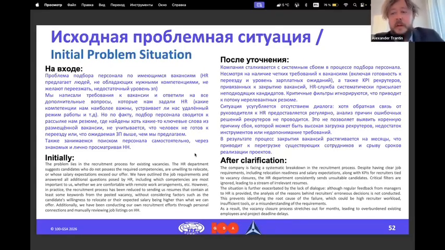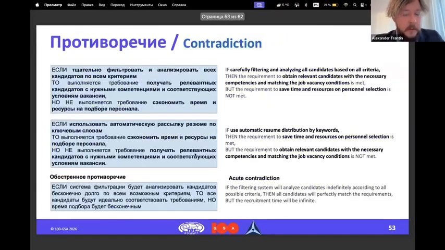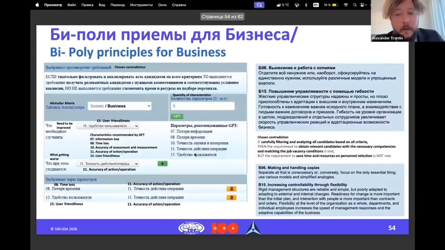So all this boils down to our IT department recruiting personnel, but this is not their core function. We have an HR department responsible for that. With that, we had this conflict. Again, the logic was the same. We clarified the situation through dialogue. We formed the contradiction. We selected the contradiction to work with.